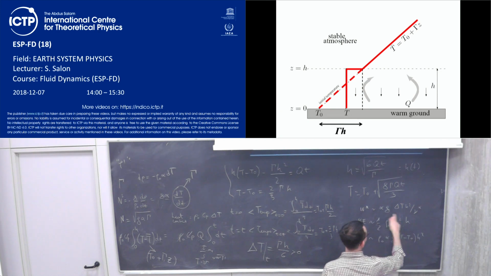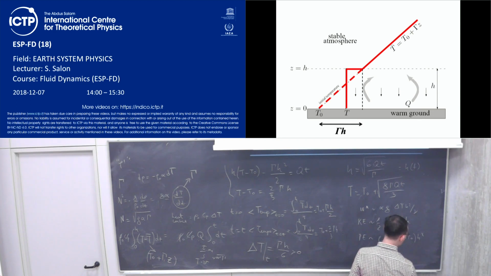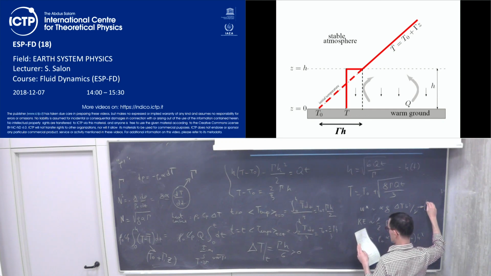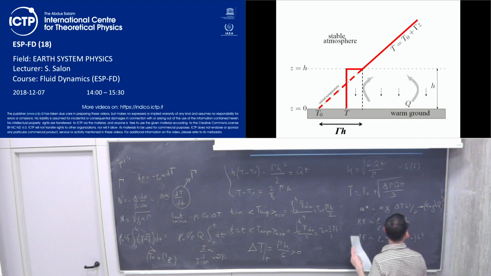So this is given by the Rayleigh number. Okay, so in the case of the system that we are analyzing now, this is equal to k alpha g h q to the 1/3.